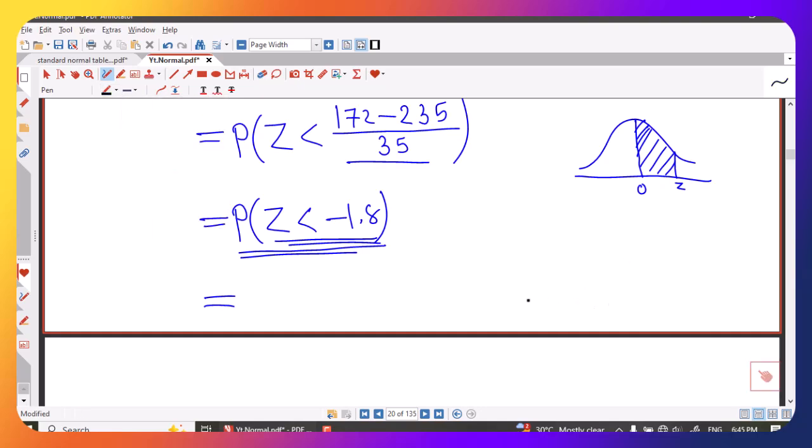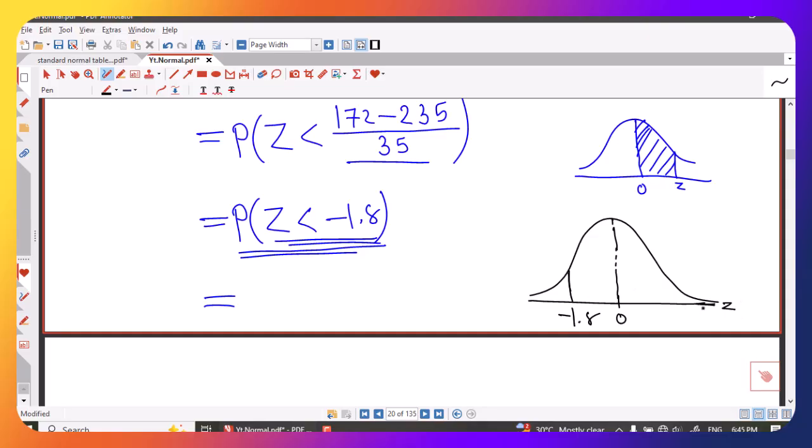So for that we can simply use this symmetry of the graph. We are familiar that this is the standard symmetric density curve. In the center we have 0, and suppose here somewhere I have z equal to minus 1.8.